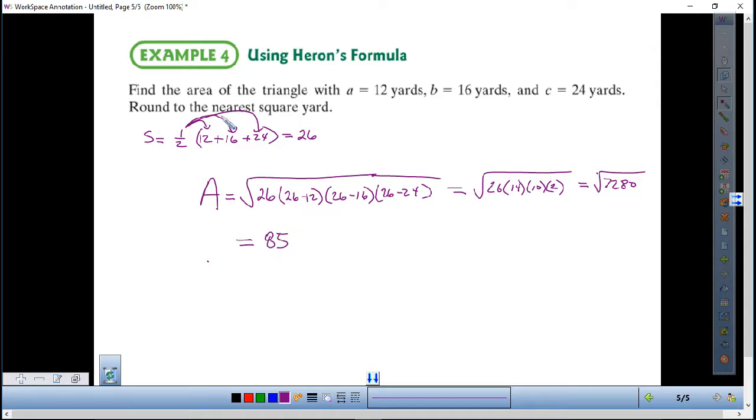But since we're rounding to the nearest square yard, it's just going to give you 85 square yards. See? Easy breezy.